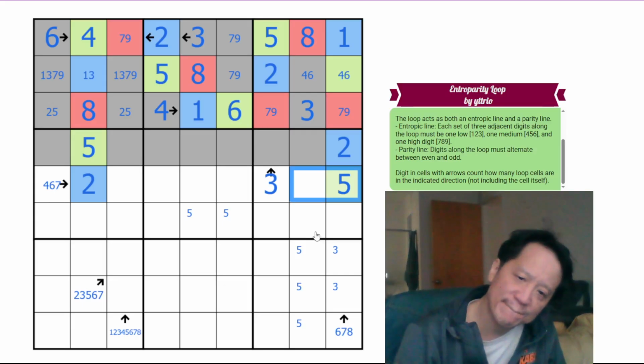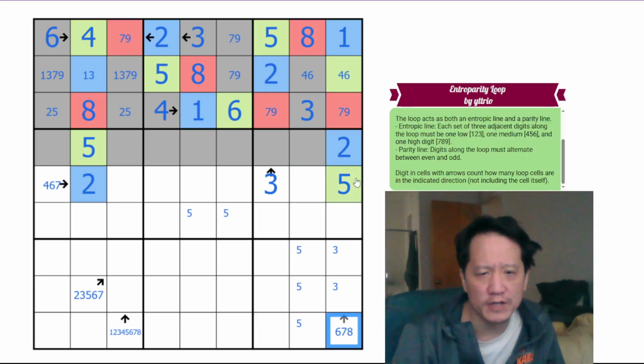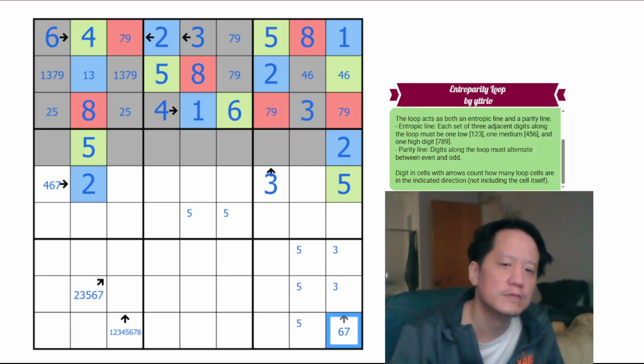Can this be a full 8? If this is 8, no. If this is 8, this would have to be a high digit, and it would have to be even. And that would be only 8. So this cannot be 8. This is 6 or 7.